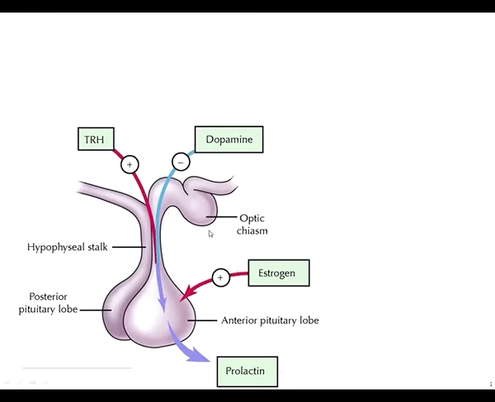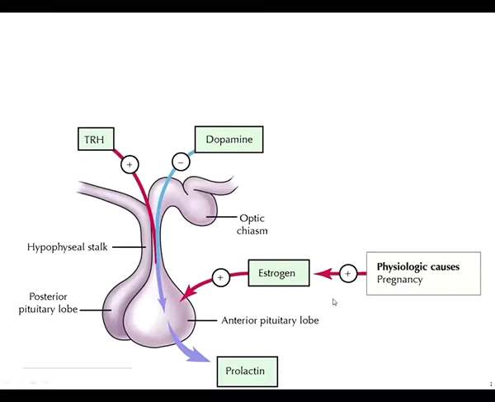You can see as well, an important thing we'll discuss later in the next few slides, that the pituitary gland sits under the optic chiasma. And as you know from previous lectures, the optic chiasma is the region of intersection between the two optic nerves of the eyes. You can see as well that estrogen has a positive effect on the secretion of prolactin.